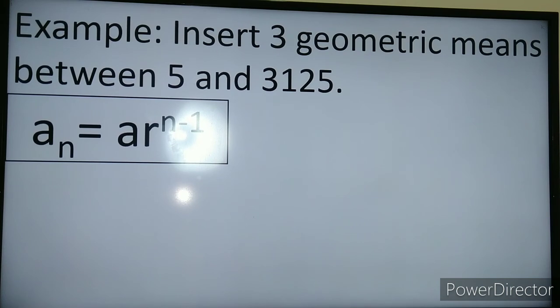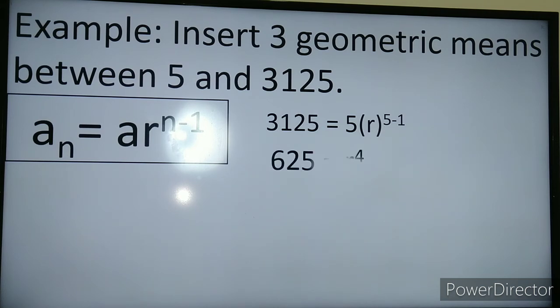The last term is 3,125, which is a sub n. The first term is 5. We are looking for r raised to 5 minus 1. Then dividing both sides by 5, we have 625 equals r raised to 4. Then to find the value of r, we will find the fourth root, r equals 5.